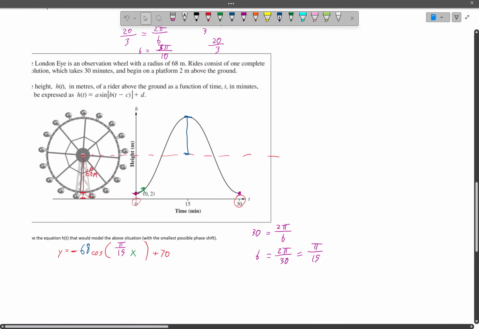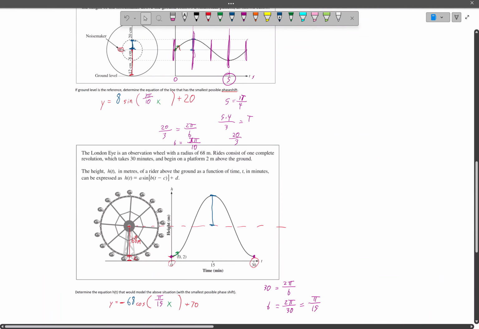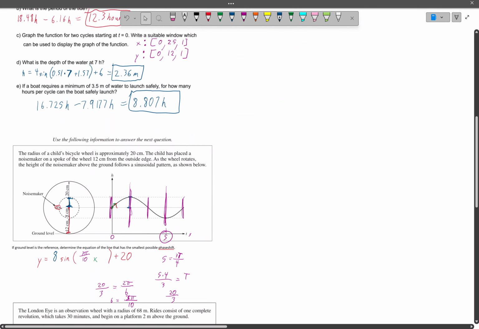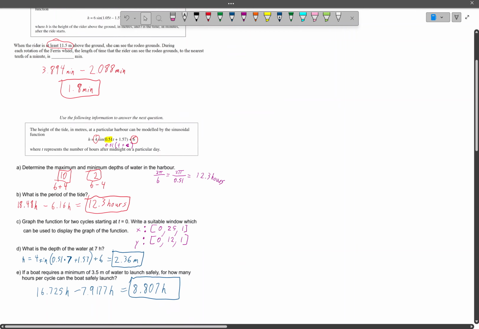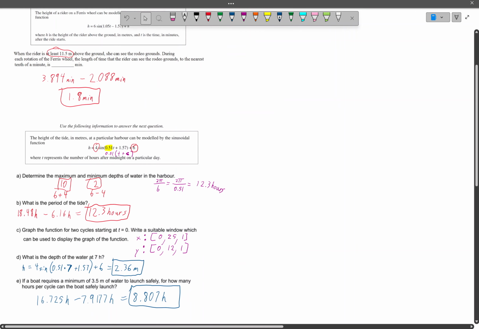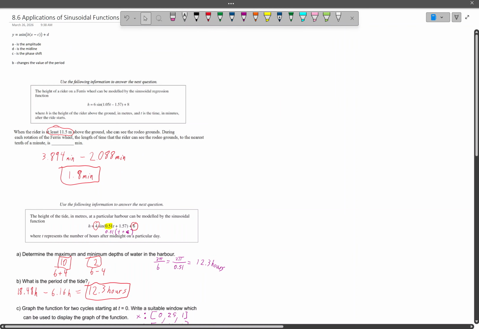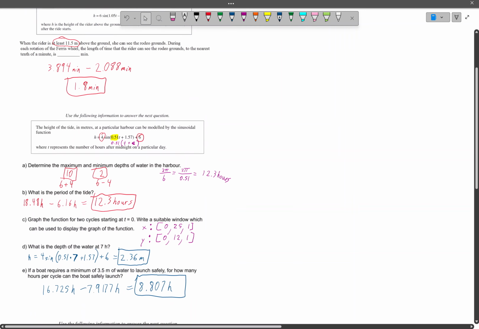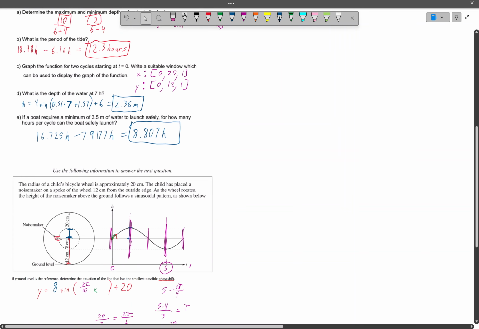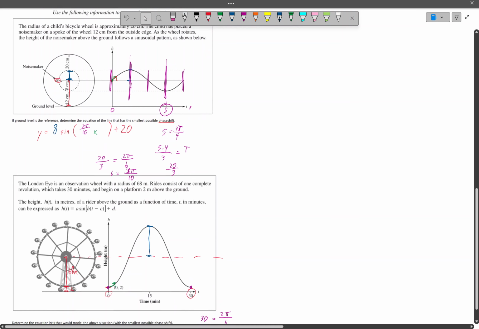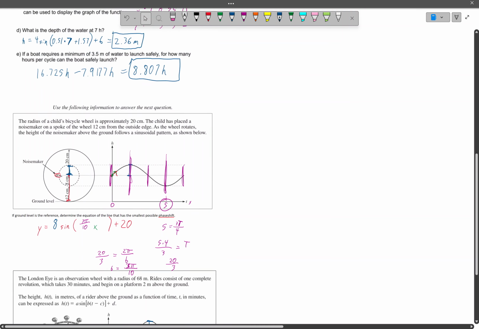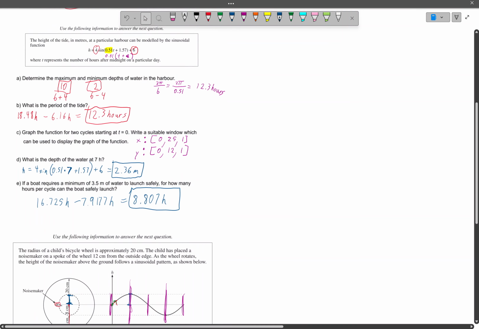All right, so I hope you can see from all of these different examples that we showed, we can have questions that don't have graphs at all, and you can be given an equation to find different details about the graph or about the situation, or we could be given a situation and a graph and be asked to find the equation, or there could be some combination thereof.